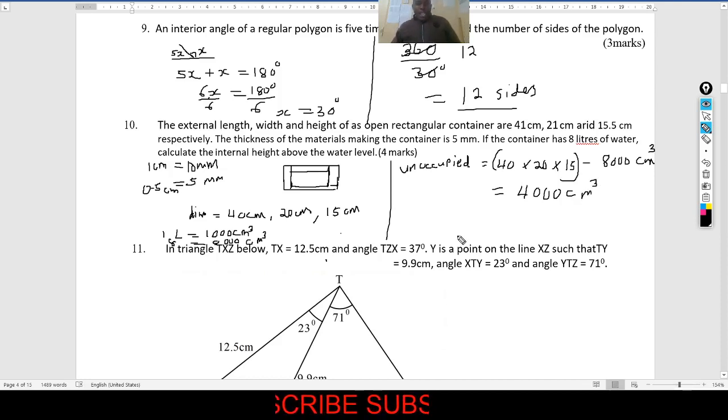Then we need the height above the water. The height is what is going to change, but not the length and the width. So 40 times 20 times h gives you 4,000 centimeters cubed. We divide by 40 times 20.